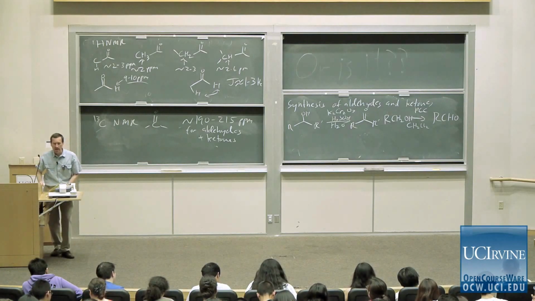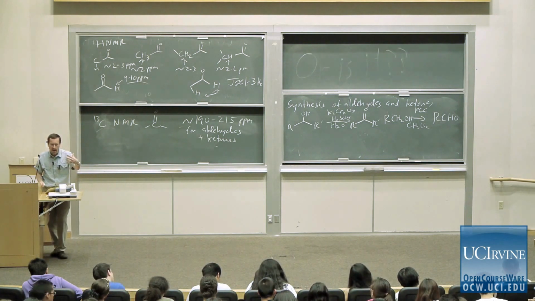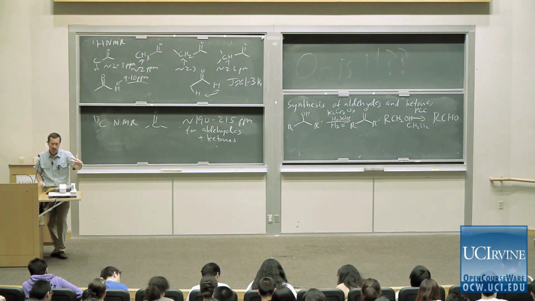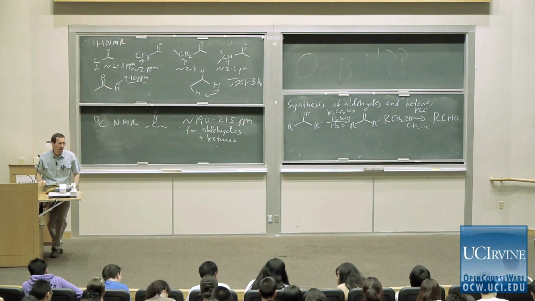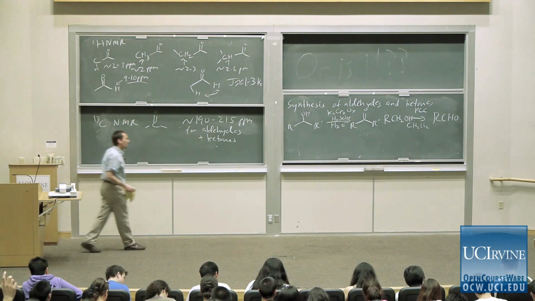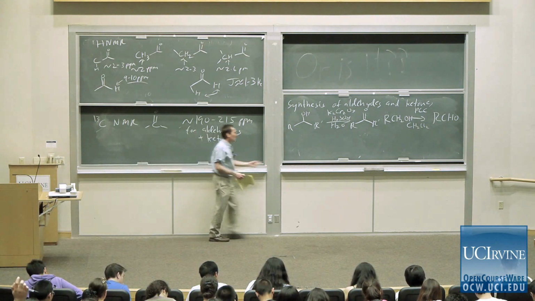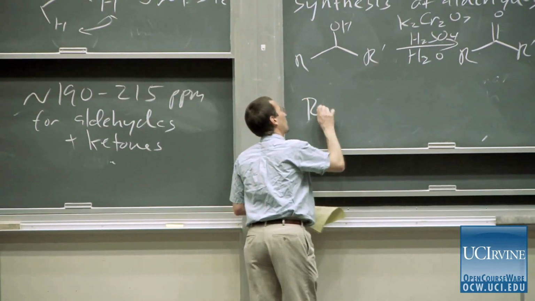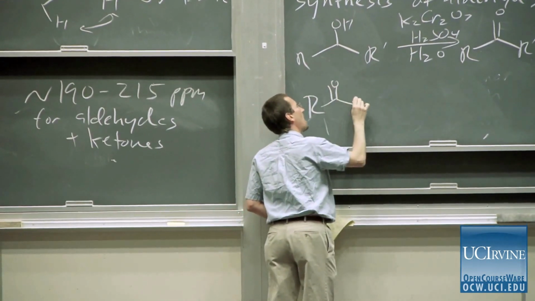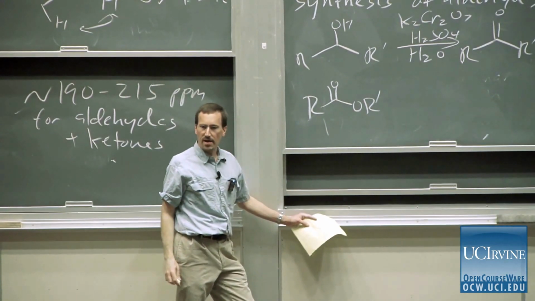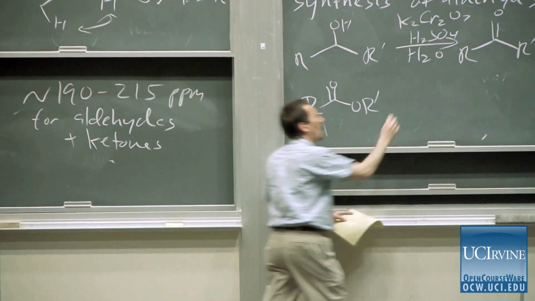Ketones and aldehydes are in a higher oxidation state than alcohols. Ketones and aldehydes are in a lower oxidation state than carboxylic acids. So for example, if you take an ester with a selective reducing agent like DIBAL, you can reduce your ester right down to the corresponding aldehyde.